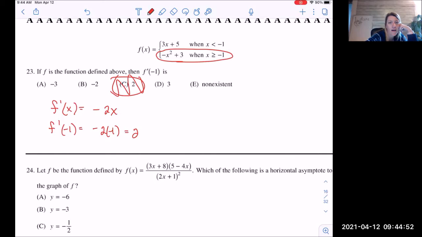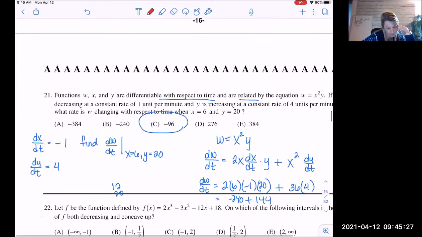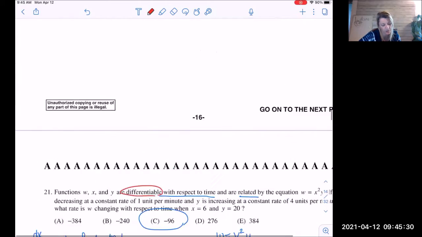What do you think? Any ideas? Nothing? Usually we take for granted that most problems say the function is differentiable.